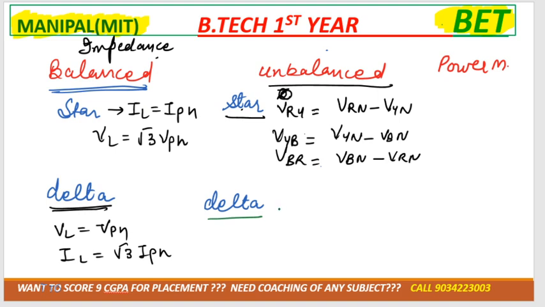In the delta connection, the current is different, so IR is equal to IRY minus IBR. How will we move? We'll move according to the RYB series.